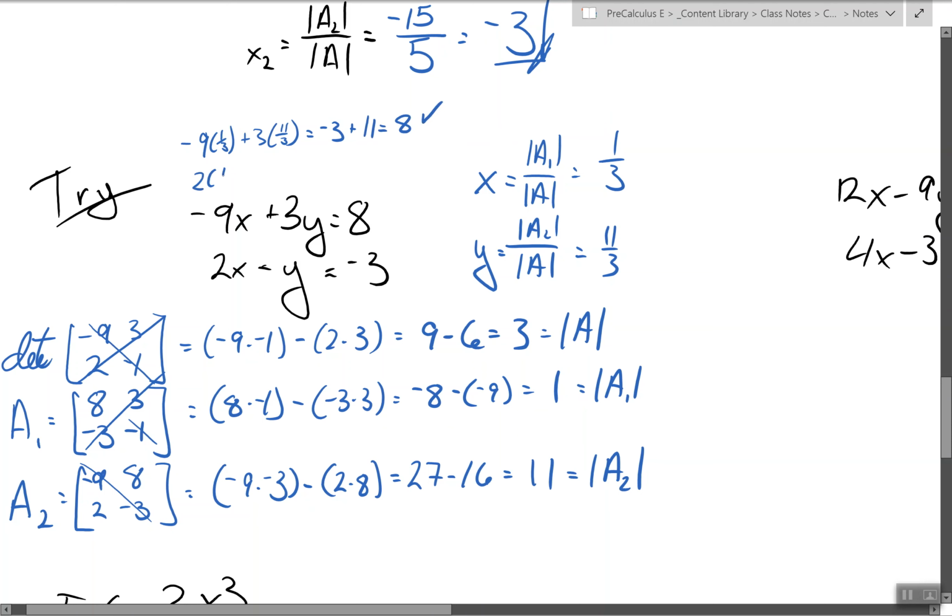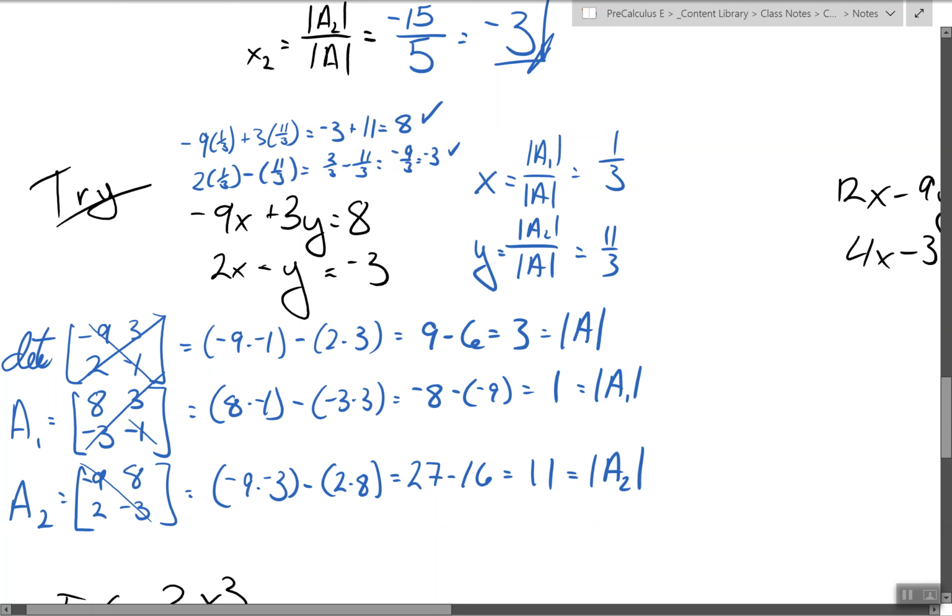Then we have 2 times 1/3 minus 11/3. So we're going to end up with 2/3 minus 11/3, and that is negative 9/3, which is negative 3. Okay, we're in good shape.